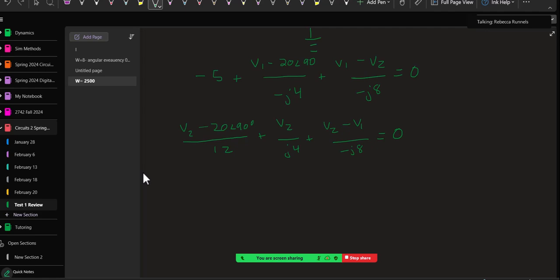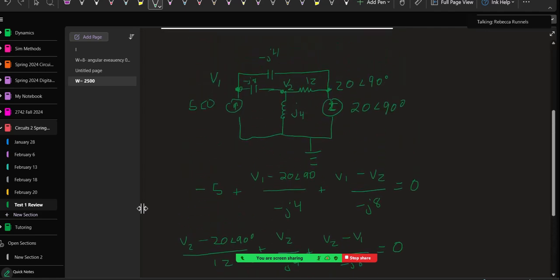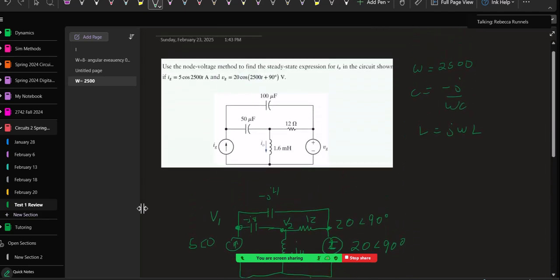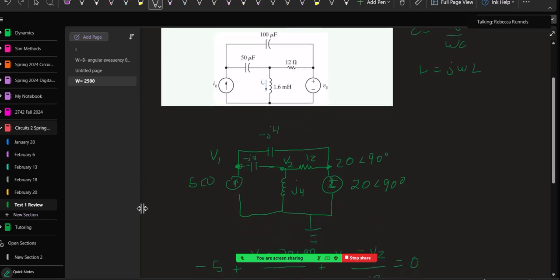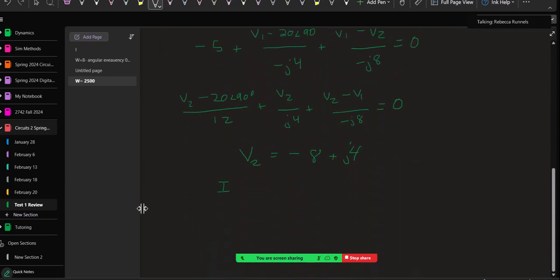But there it is. Okay, so if you decide you want to go solve this for fun, V2 is minus 8 plus J4. And I, so let's see what I would be. I is the current down that middle branch. So I would be V2 minus 0 over J4.